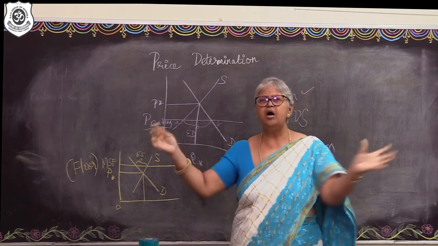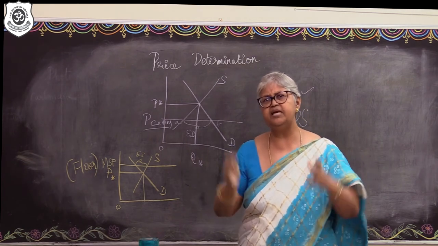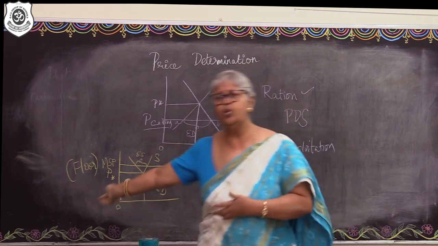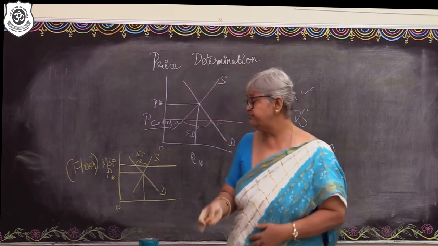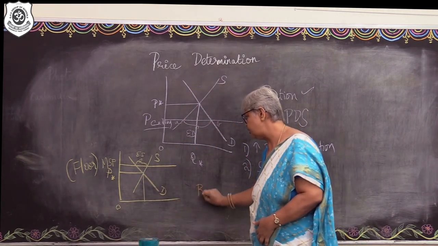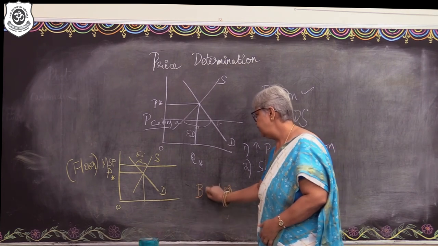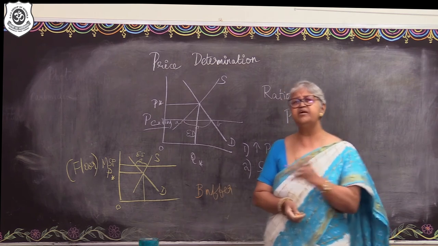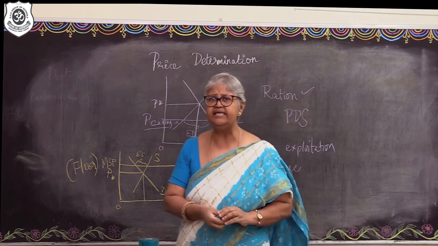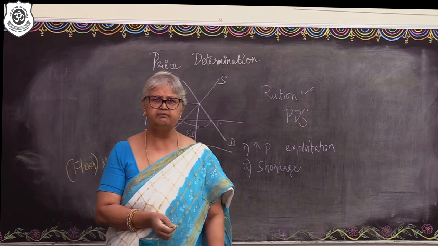So from how many farmers will the government be able to procure? And what will the government do? Come on, you are very well aware of the buffer stock, isn't it? The government will procure the products from the farmers and it will maintain them in the buffer. Fine?